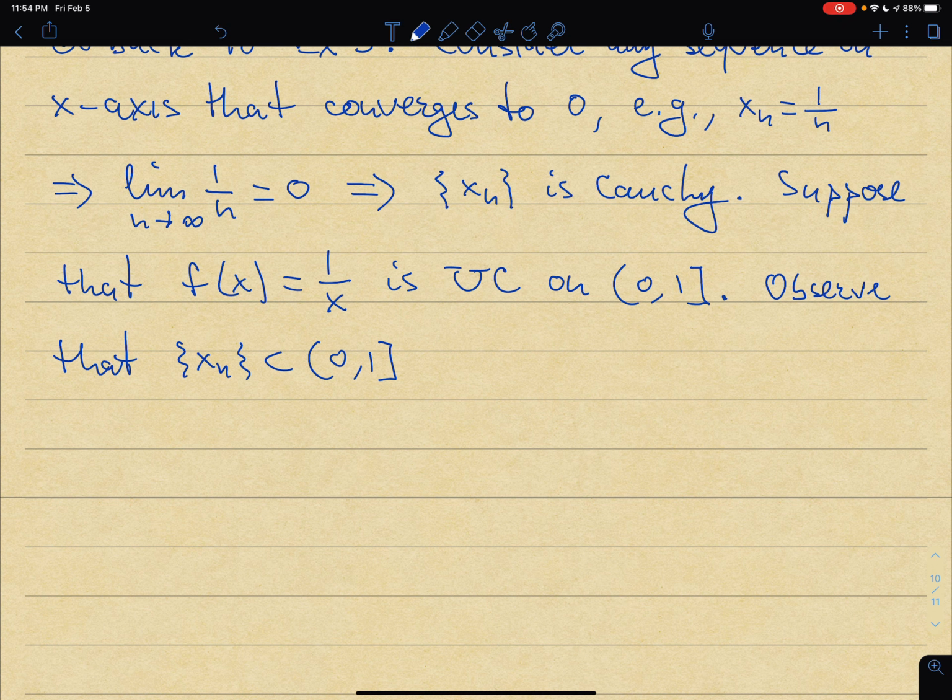Okay, so then from the theorem that we just proved, xn is a Cauchy sequence, right? And if f is uniformly continuous on the interval from 0 to 1, then f of xn is a Cauchy sequence.